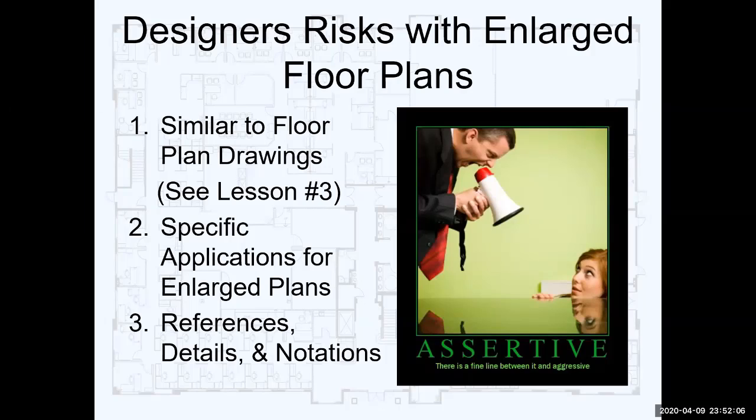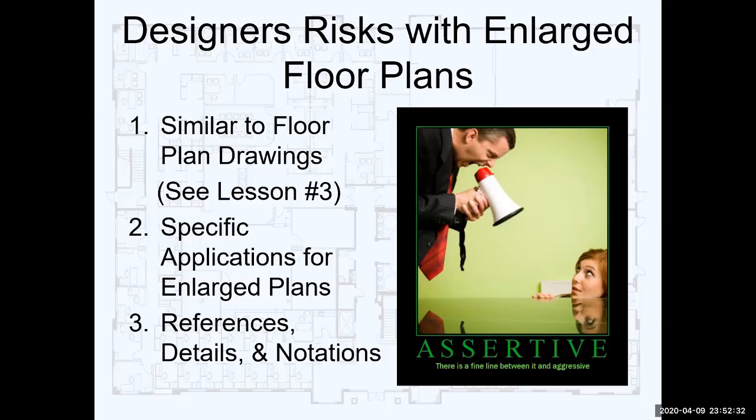Okay, so what are we dealing with when we're looking at what the designer's really dealing with here? So the same risks that we've been talking about in terms of making sure the information is correct, that we understand the existing conditions and what's actually changing. You might want to go ahead and take a look back at lesson 3 or module 3 for some of that information.